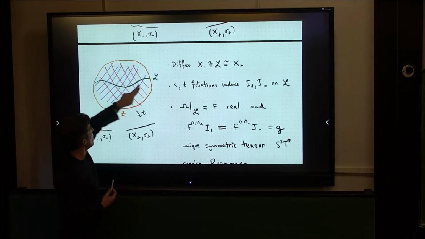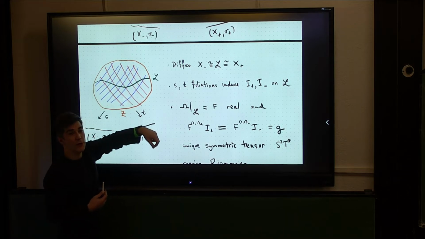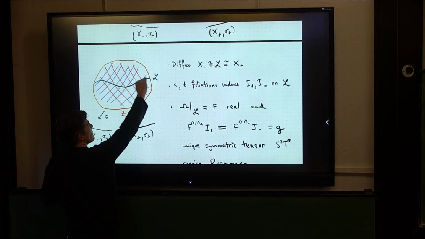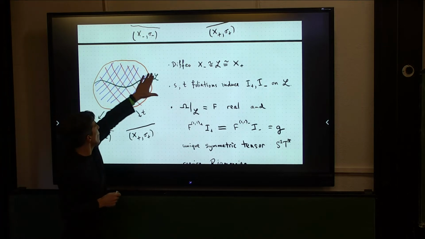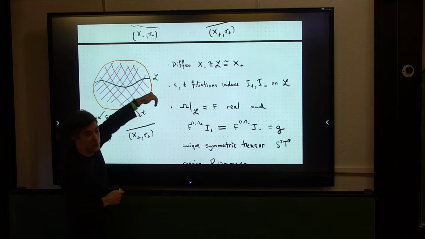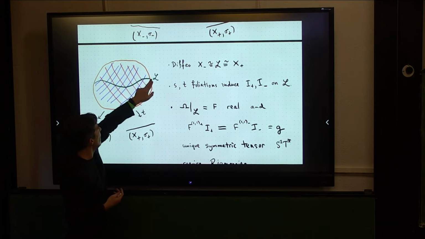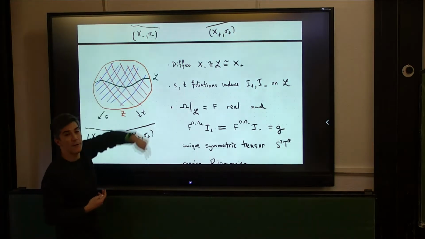When you have a cross section of a holomorphic foliation, it gets an induced complex structure, because this cross section can be identified with the tangent space of the whole space modulo the tangent space of the leaf. And because the whole space is holomorphic and the leaf is holomorphic, the quotient inherits a complex structure. So L inherits a complex structure from the quotient via the red foliation.